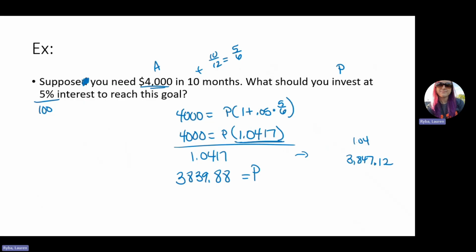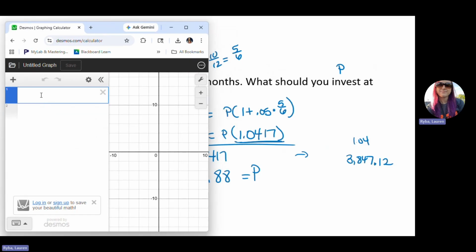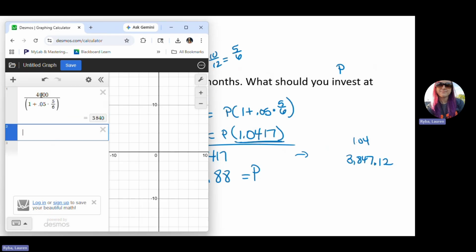The most accurate way to type this, so you don't even have to worry about rounding, would be I could have just taken the 4,000 divided by, in parentheses, 1 plus 0.05 times 5/6.